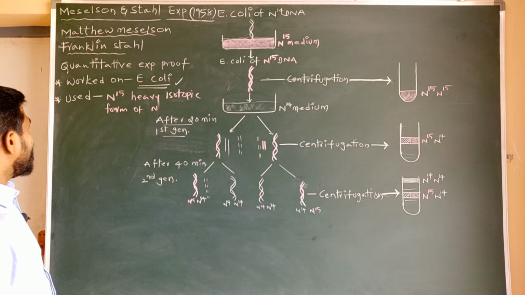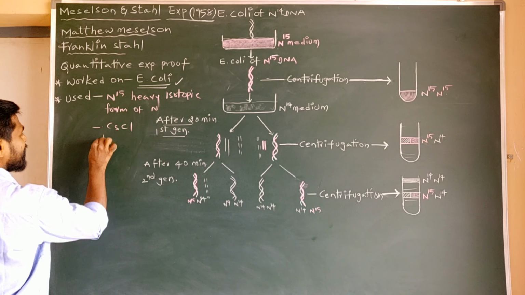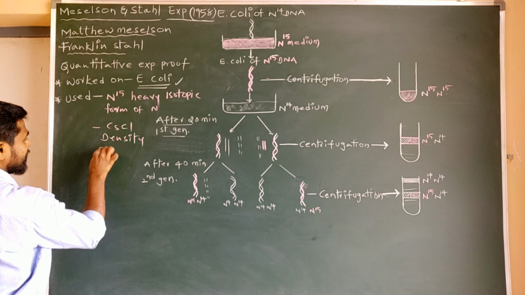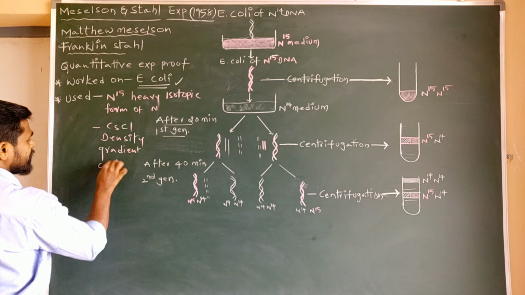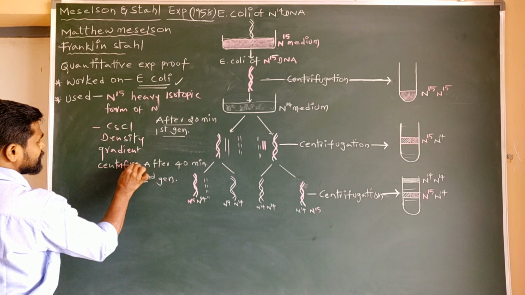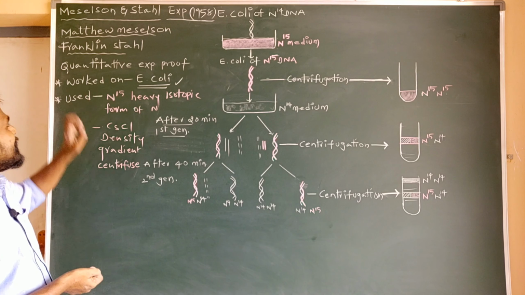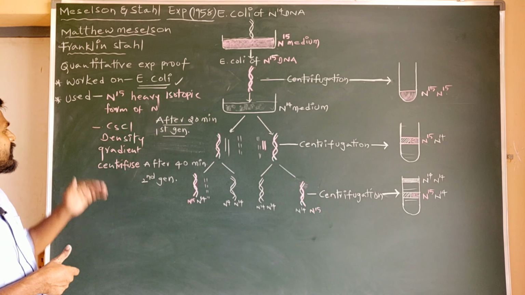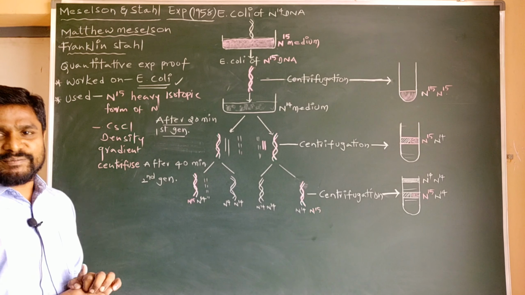And they also used cesium chloride density gradient centrifugation for their experiment. The question is, why did they select this N15 heavy isotopic form of nitrogen and cesium chloride density gradient centrifugation for their experiment?